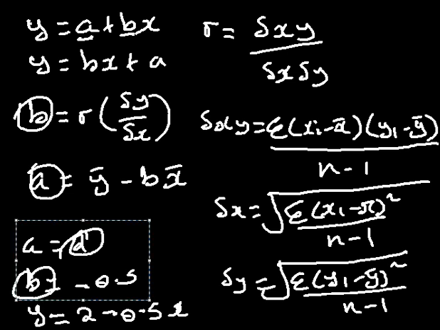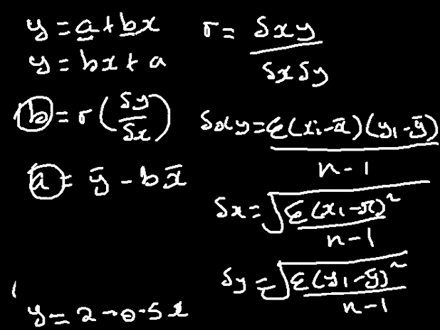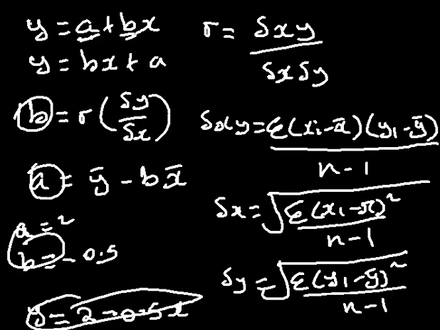So make sure you understand the concept of the correlation coefficient, and from there you can get the regression line. Assuming a is 2 and b is negative 0.5, upon substituting these into the general form, we have the equation of the regression line.